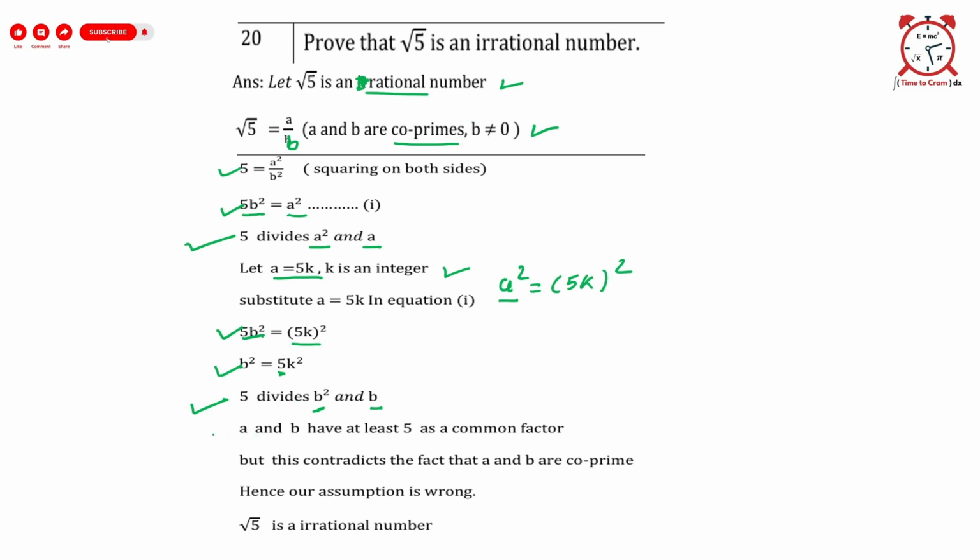So that is why we have to write the next statement in that way. A and b have at least 5 as a common factor. But this contradicts. Contradicts means going opposite to our assumption. That contradicts the fact a and b are co-prime. So hence our assumption is wrong, incorrect. So that is why the given number is an irrational number. So it is automatically proved that it is an irrational number.